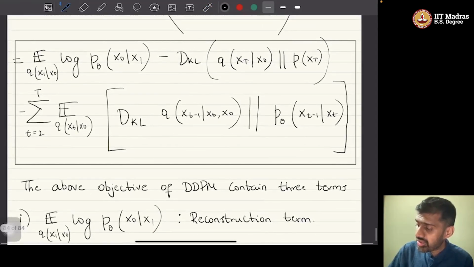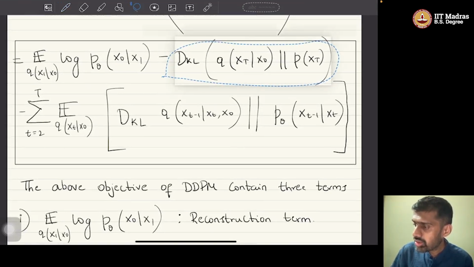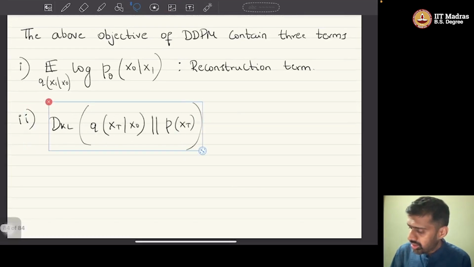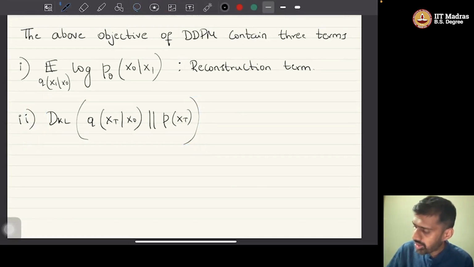The second term that we have here, which is the KL divergence between these two, is the prior matching term. Why is this called the prior matching term?